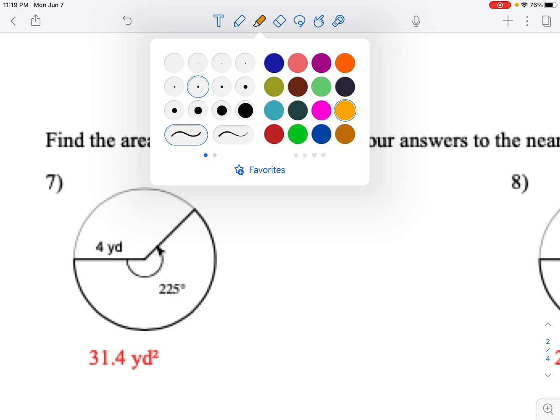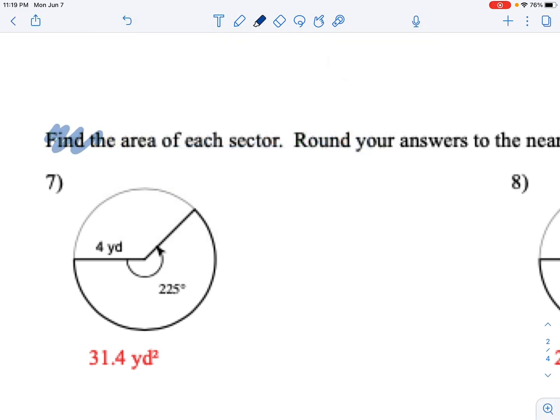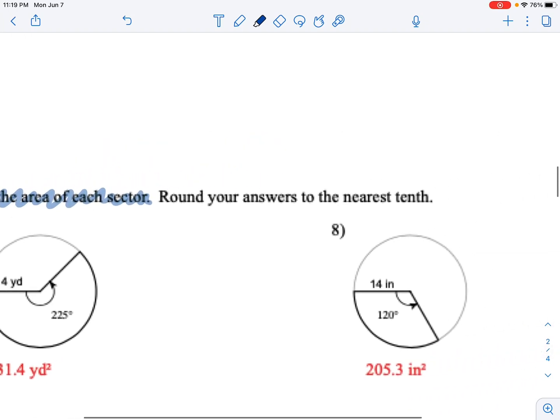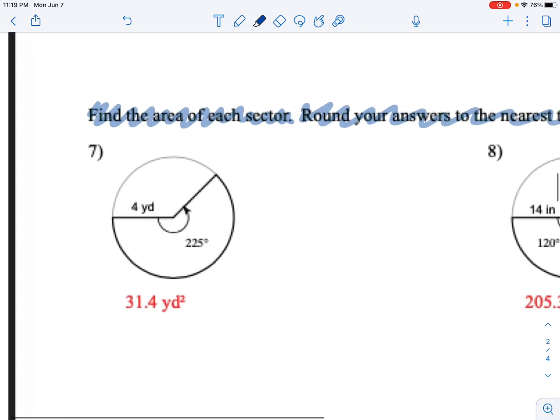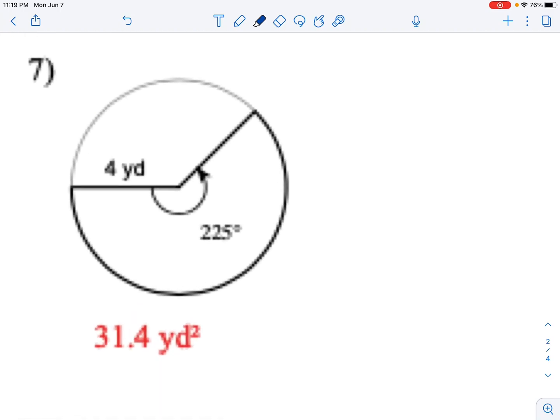Finally, last 2 kiddos, we are going to find, here we go. Find the area of each sector. Round your answers to the nearest tenth. So we're going to find the area of each sector.